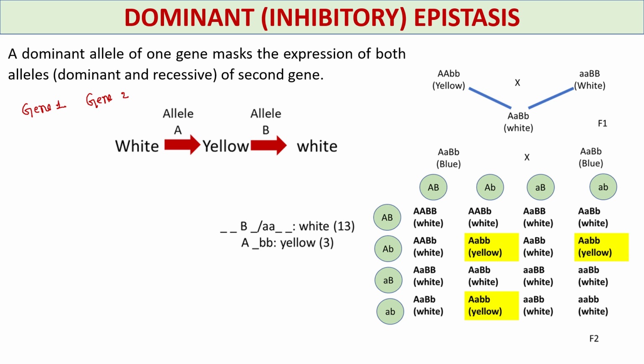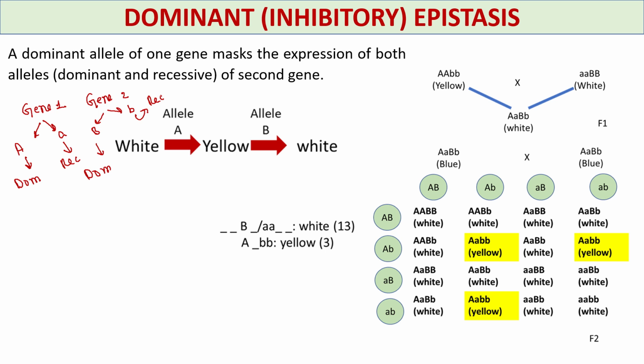Gene 1 has two alleles, capital A and small a. Capital A is dominant, small a is recessive. Similarly, gene 2 also has two alleles, capital B and small b. Capital B is dominant, small b is recessive.